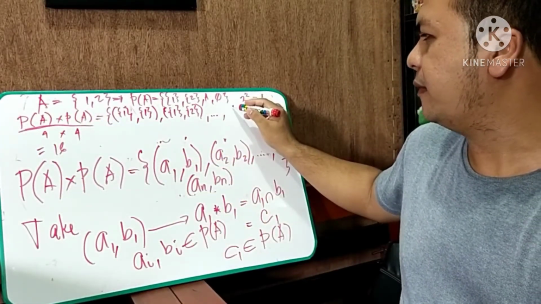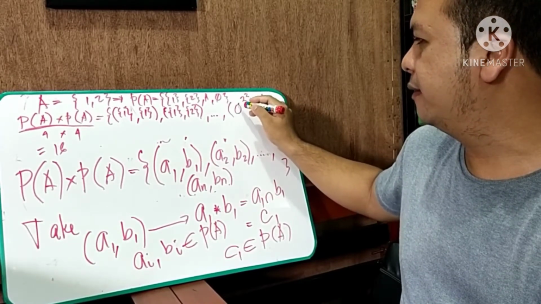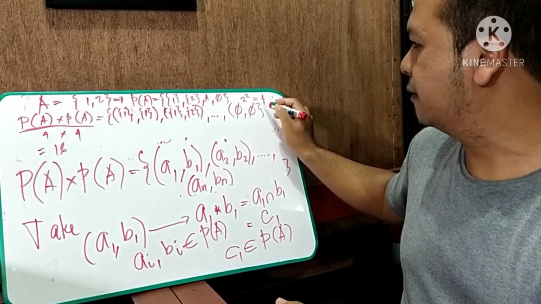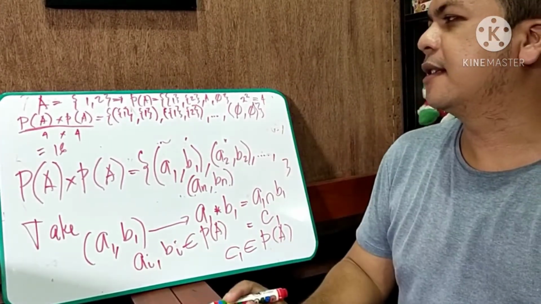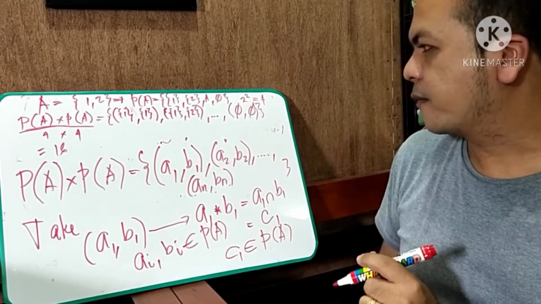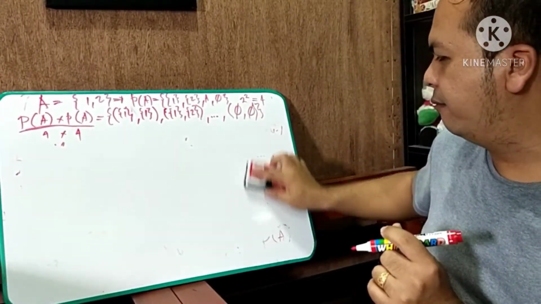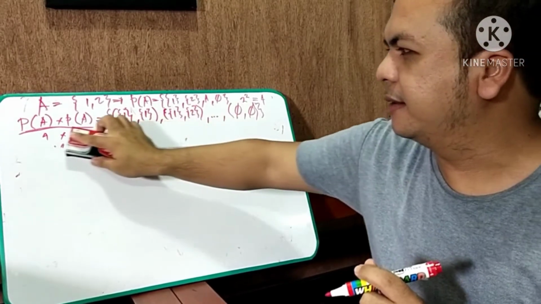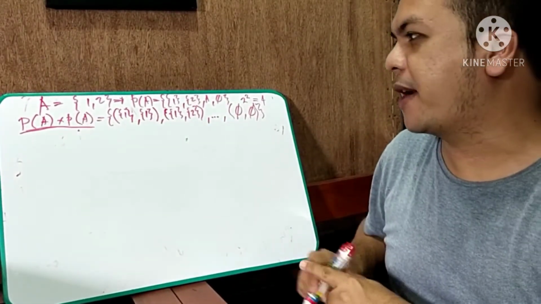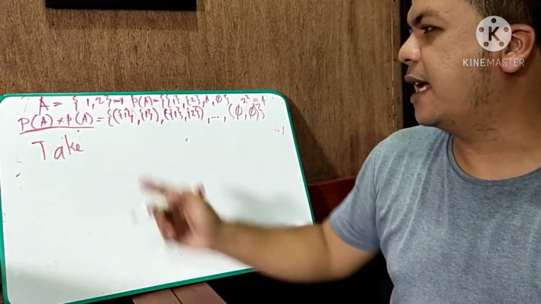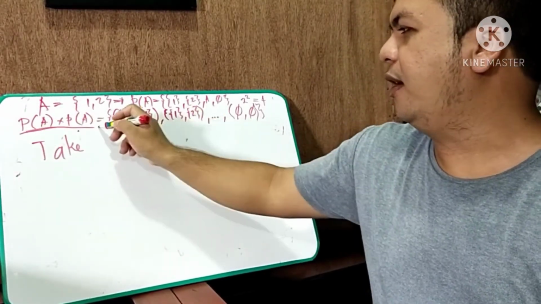Say, we have the ordered pair empty, empty. Now, let's take some ordered pairs ng itong set na to.